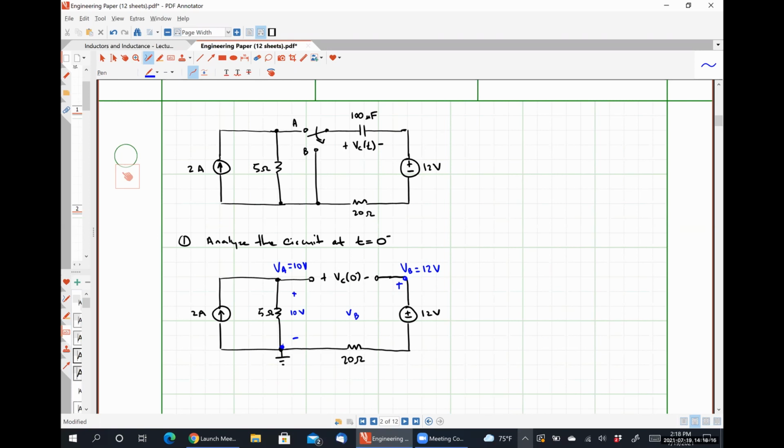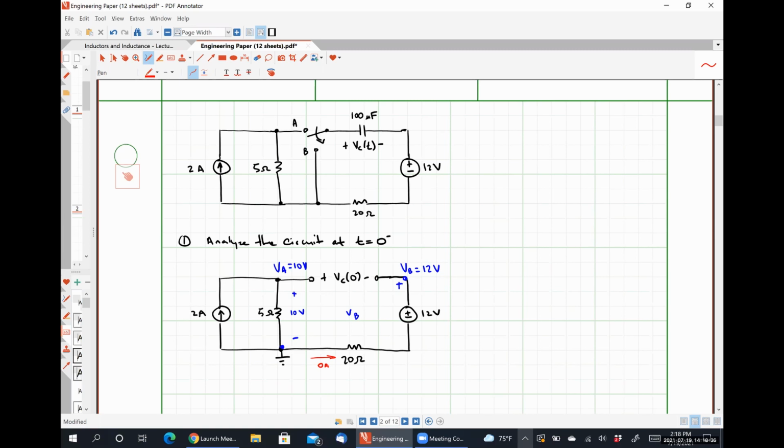The reason why VB is 12 volts is because we know that the current flowing through the 20 ohm resistor has to be 0 amps because it's not part of a closed current carrying circuit. Okay.